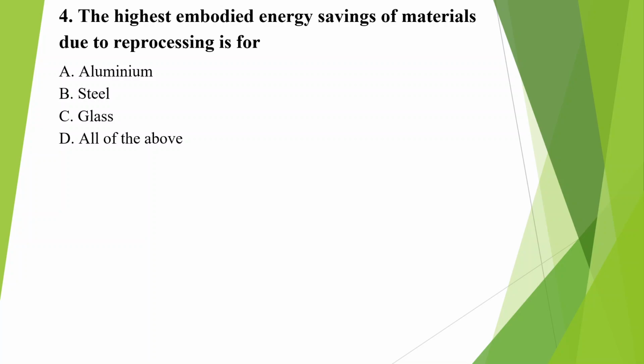The highest embodied energy savings of material due to reprocessing is for, that we have just discussed. It is talking about reprocessing, and we have discussed it during the recycling, how much energy which material saves.